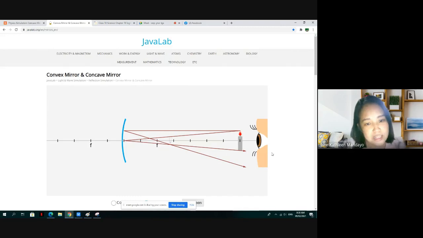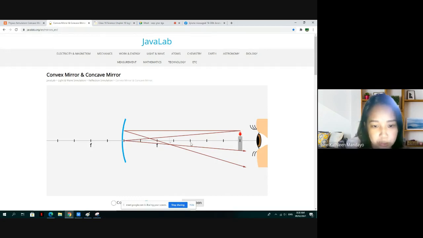Nandun lang sa kaliwa. Sabi ko nga sa inyo, mag-a-adjust si salamin. Kasi since nandito yung object mo, tas concave yung gusto natin, ihaharap natin siya, yung mirror mo, doon sa kabilang side. So, sabi natin kanina, beyond C. So, ito si F. So, ang C mo ay ito dapat.